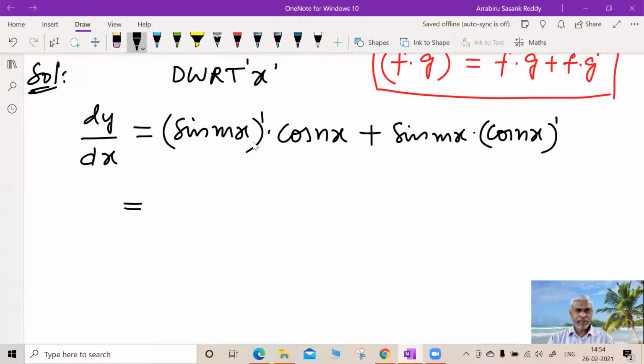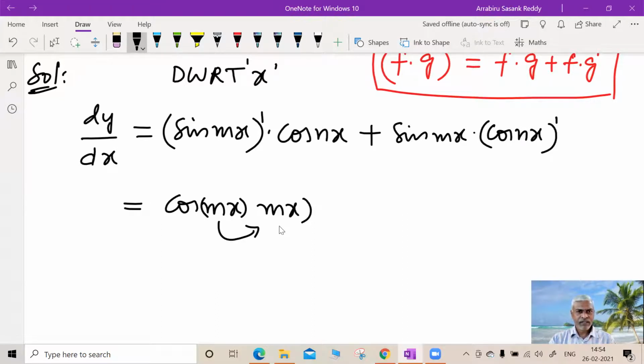Differentiation of sin mx. So differentiation of sin x is cos x and of sin mx is cos mx. But here mx is there instead of x. So again we have to differentiate mx.